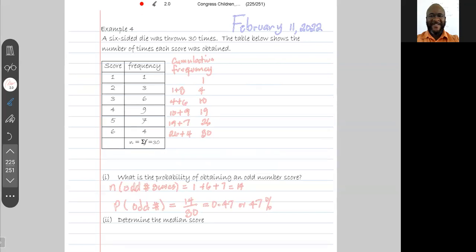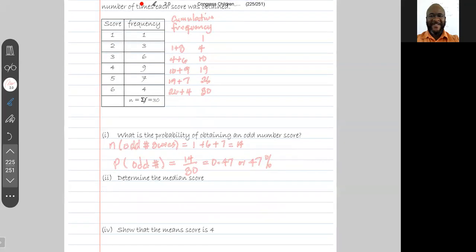Another thing we need to do is a calculation to tell us which value in the distribution is the median. So I'm making a note, something that you should know.